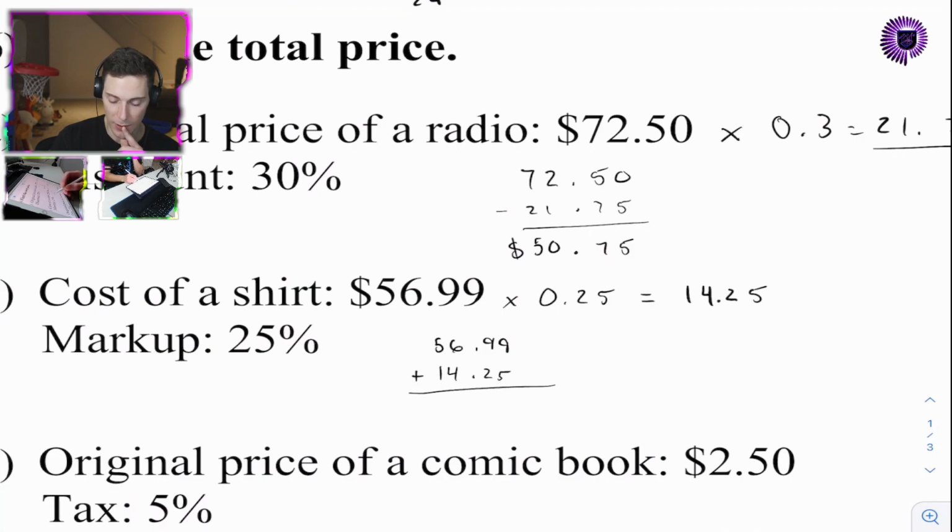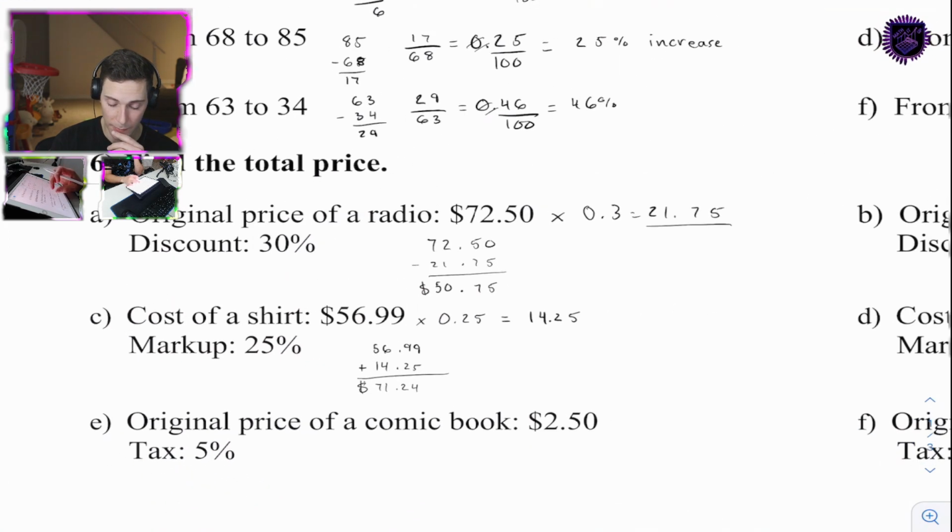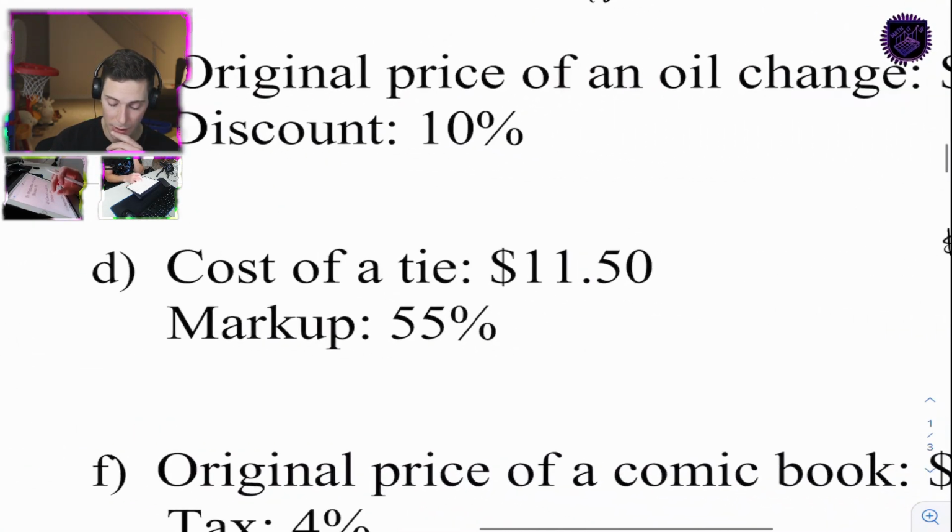So let's do this. That's 66.99, 70.99, 71.24. 71.24 after the markup for that shirt. That's a lot.